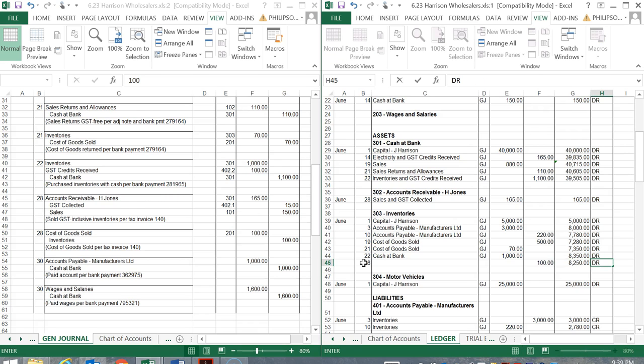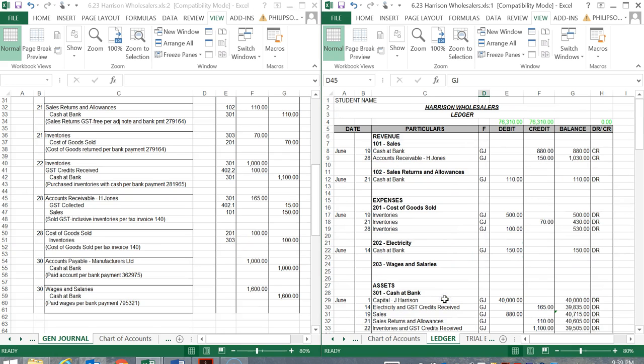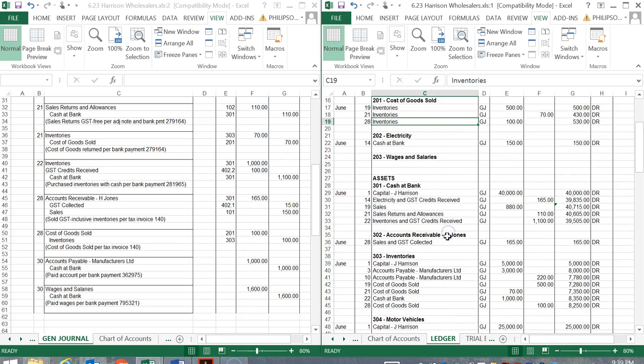We still have positive inventories. Therefore it's a debit. Okay, so our particulars from the other side of the journal entry is cost of goods sold. And we folio. Everything's still in balance up here.